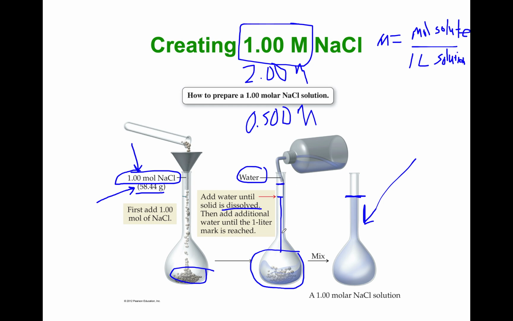Okay, so dissolve, dissolve, you see it's all dissolved, then you add more water to the mark. That's a 1 molar solution, sodium chloride. So that's one way to make it: you start from the solid and you add it into volumetric flasks till you get to the mark.